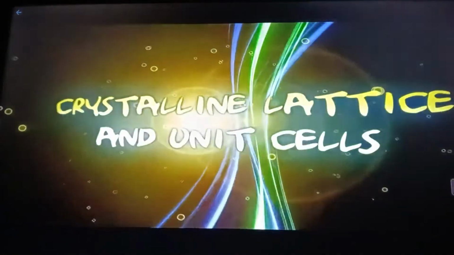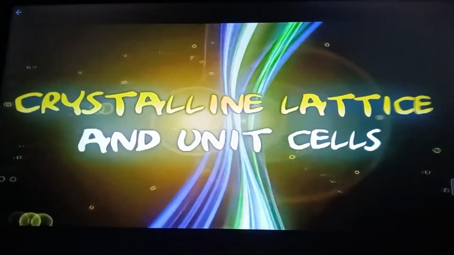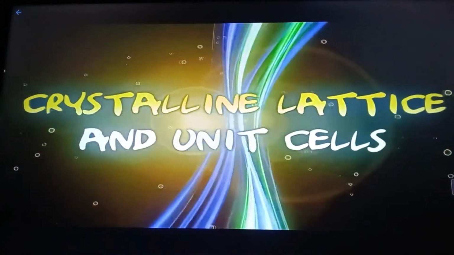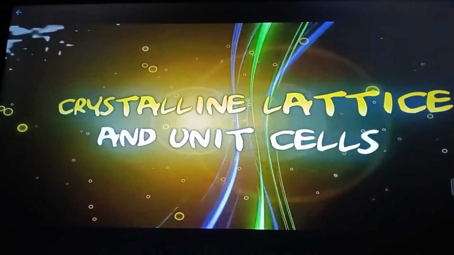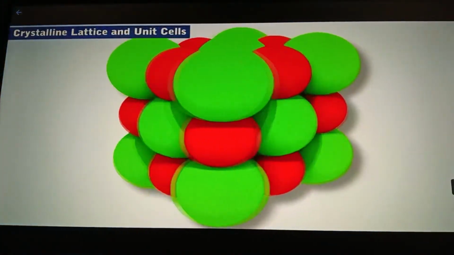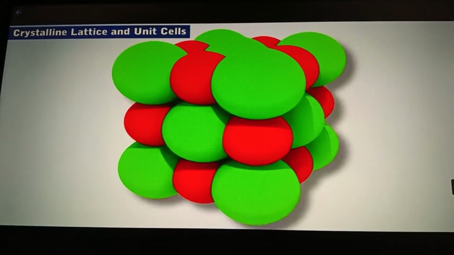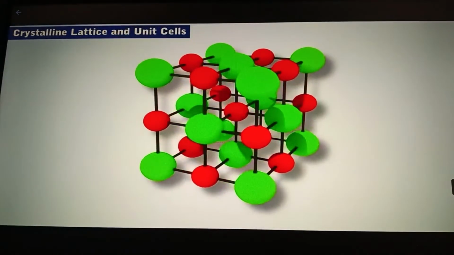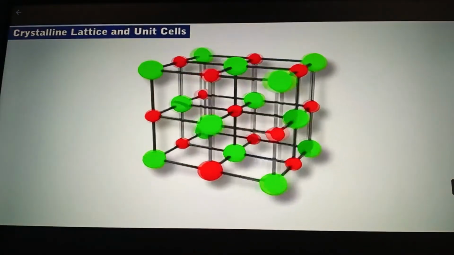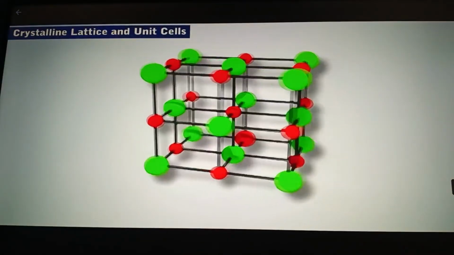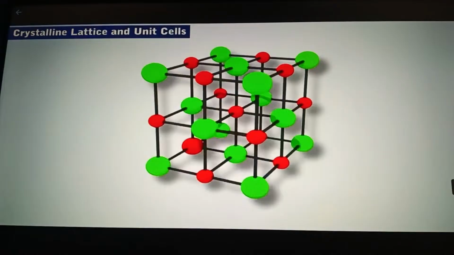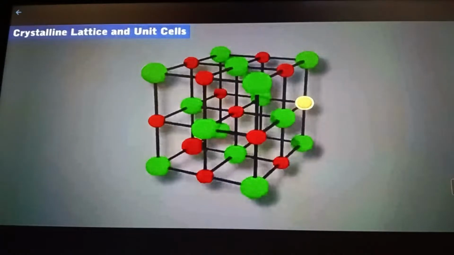In this module, we will be studying about crystalline lattice and unit cells. Crystalline solids have an orderly arrangement of their constituent particles in 3 dimensions. The positions of these particles in a crystal related to one another are usually shown by points.